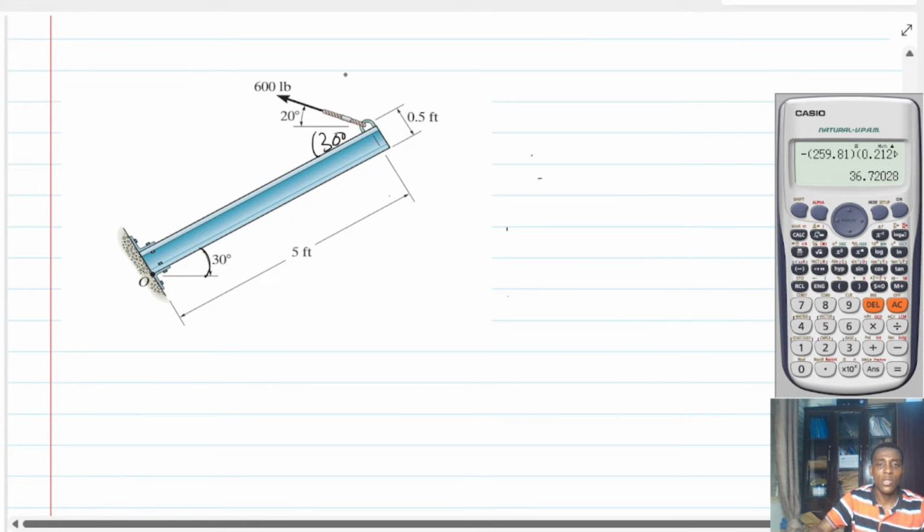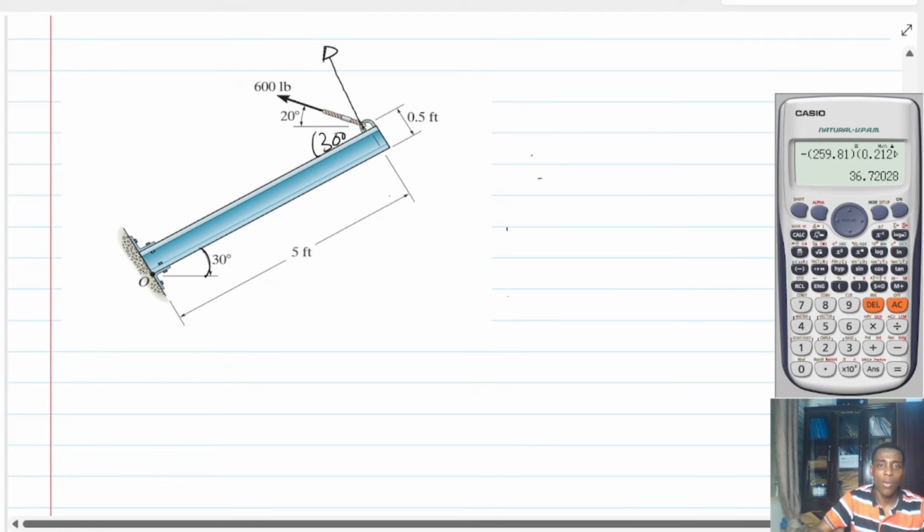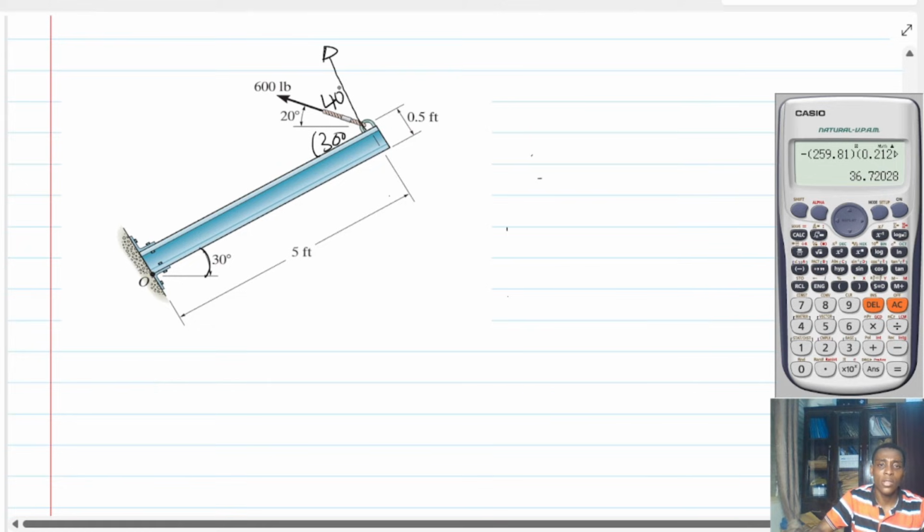Now, the best way to solve this problem is to find the component of this 600 pounds, which is what? Perpendicular. Why are we interested in the component which is perpendicular? Once we know the component which is perpendicular, I will just multiply that component by the distance, and that is it. So if this should be perpendicular, then here must be what? 40 degrees. Do you get the concept?